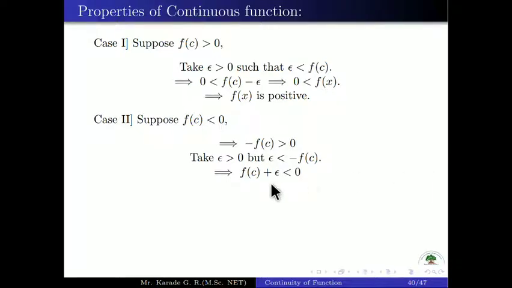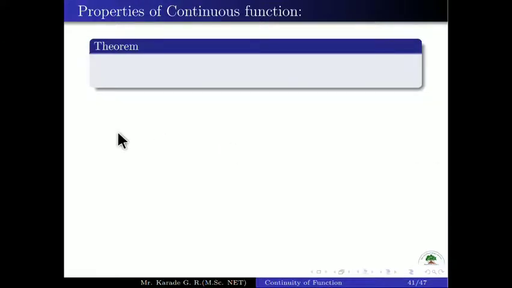This implies that f of c plus epsilon is less than 0, but f of c minus epsilon is less than f of x less than f of c plus epsilon. And this implies that f of x is negative. Okay, so whenever f of c is negative, f of x is also negative.